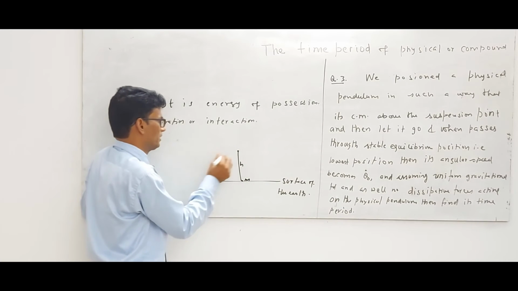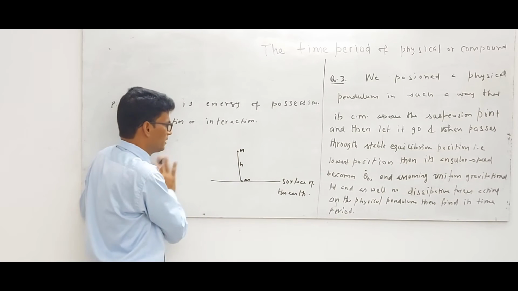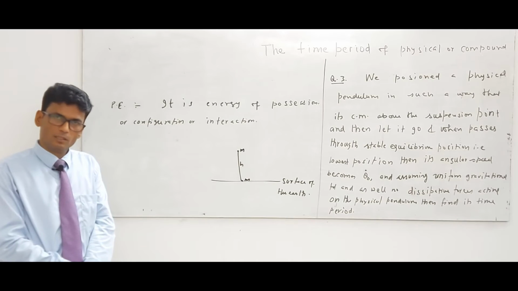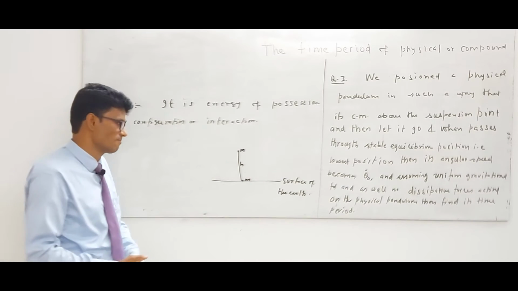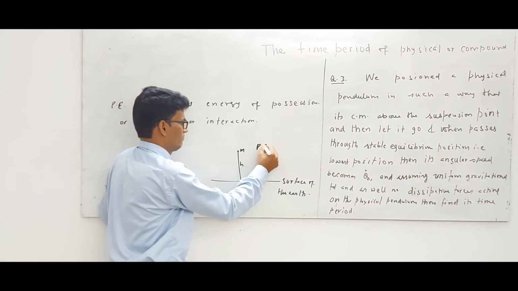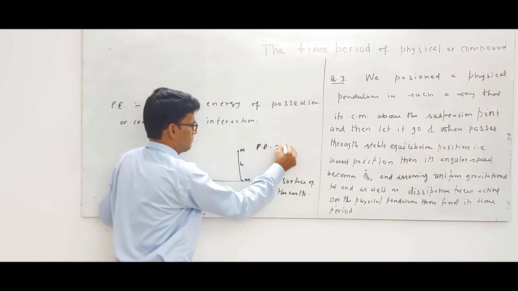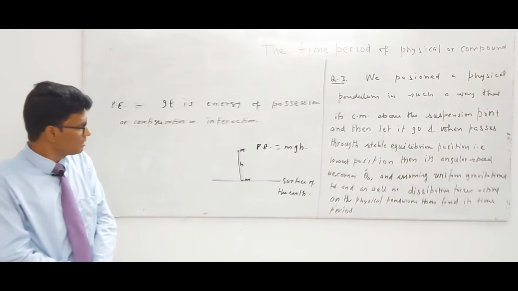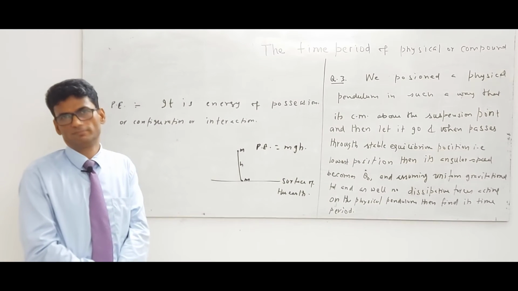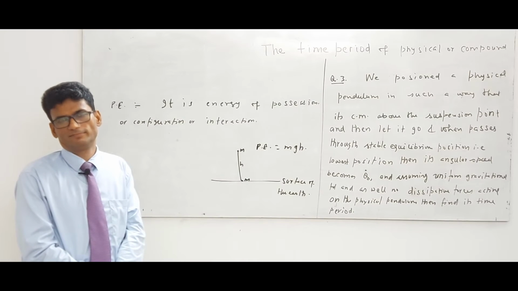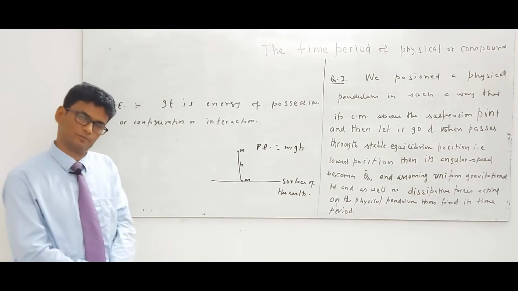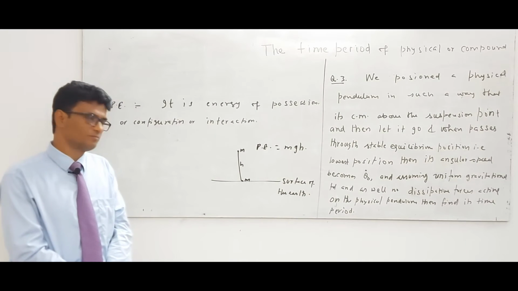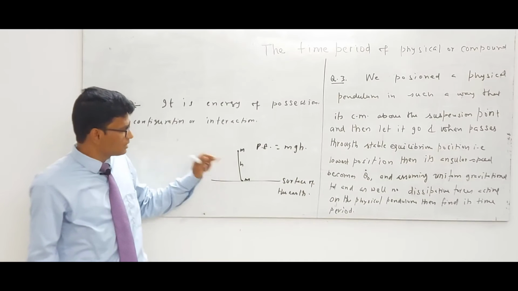Then the question is, what is the potential energy of this mass m? The obvious answer is mgh. But this answer is absolutely wrong. Then how? Firstly, what did I say? What is the potential energy of this mass?